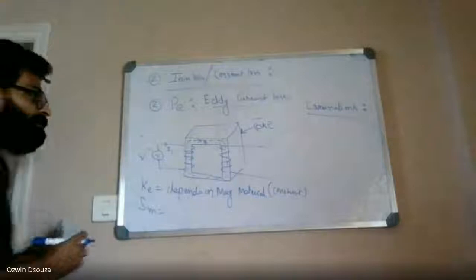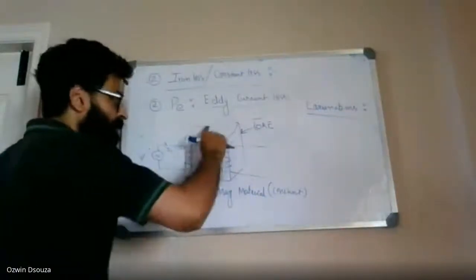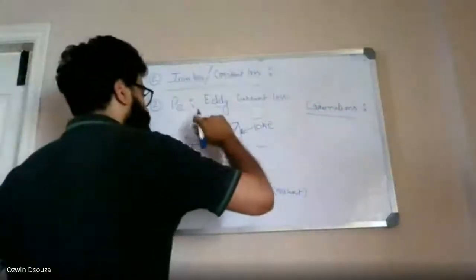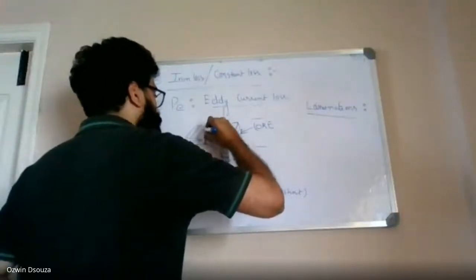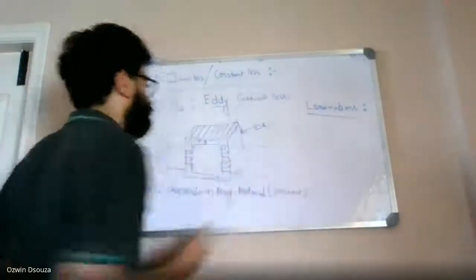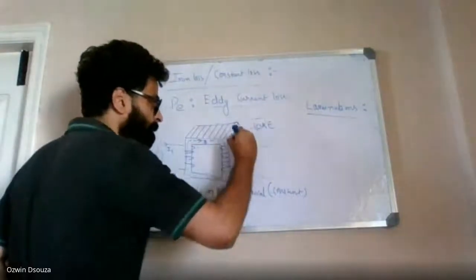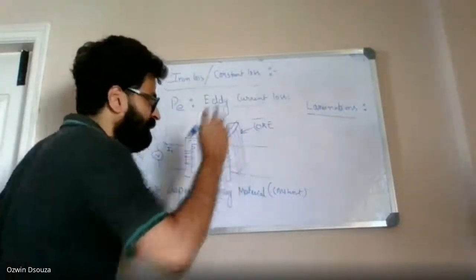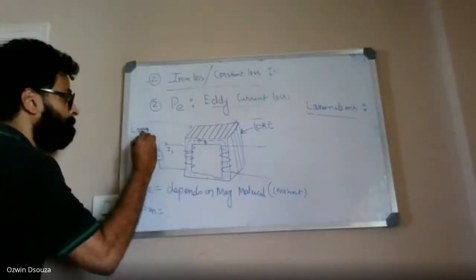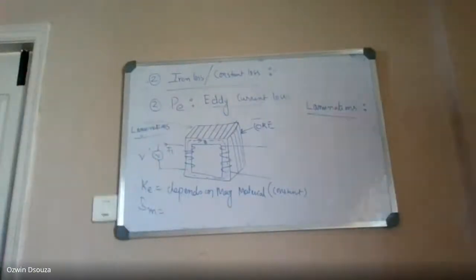Okay, so that can be pictorially shown in this manner. Instead of solid construction, I can go for thin sheets, say for example, this one. So everywhere, same thing. It's a three-dimensional view. Thin sheets. These sheets are called laminations.